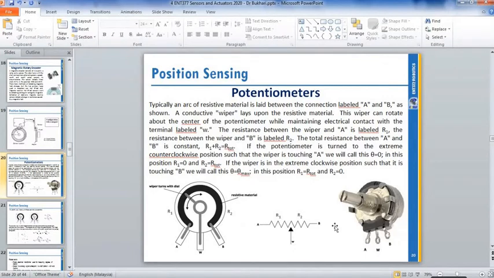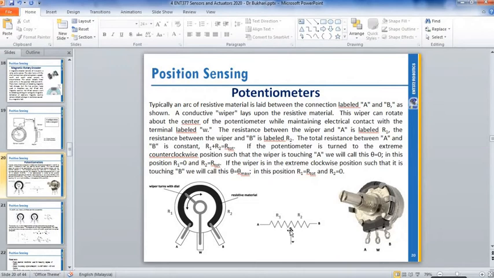So this is the schematic. So this is internal diagram. This is schematic. This is construction of the variable resistor outside view. This is the schematic drawing of variable resistor or potentiometer.